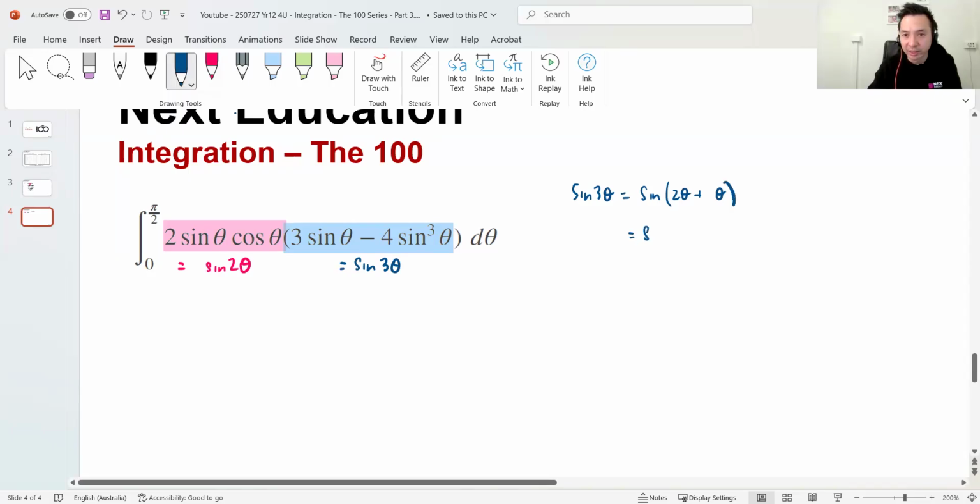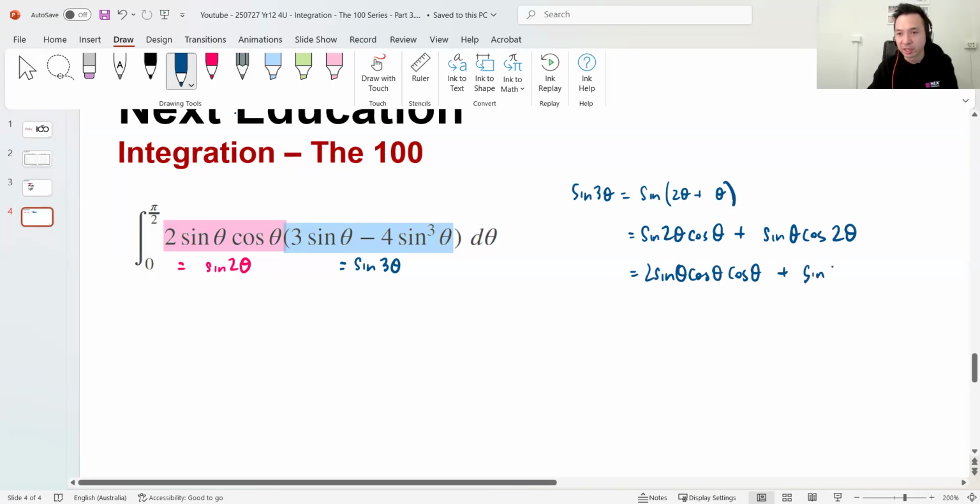Then you get 2 sine cos. No, that's a lie. That's compound: sine A cos B plus sine B cos A. Expand everything, so that's 2 sine cos plus sine.